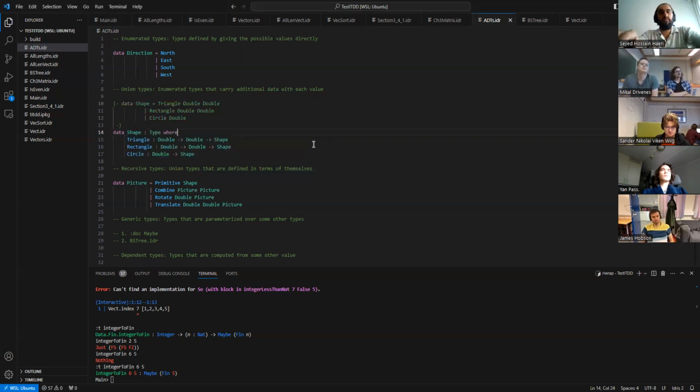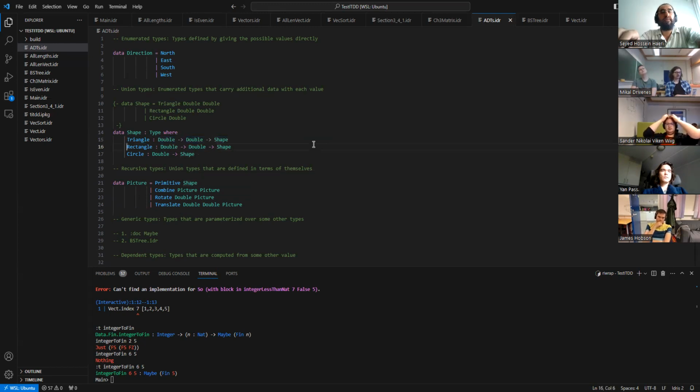Now, let's read through this. What this is saying is that Shape is a type. And it also says that there are 3 functions which are constructors of this data type, and these are the signatures.